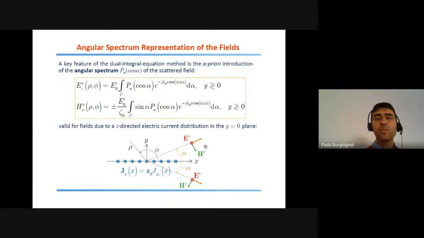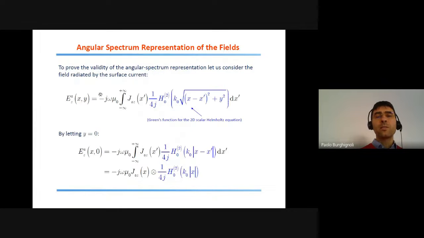And if you observe in particular the x component of this magnetic field, you will see that for the two plane waves represented here, the one that propagates along the angle alpha and the other one that propagates along the angle minus alpha, the x components of the magnetic field of those two plane waves are equal and opposite, and this justifies the plus and minus sign in front of the analytical representation for the magnetic field.